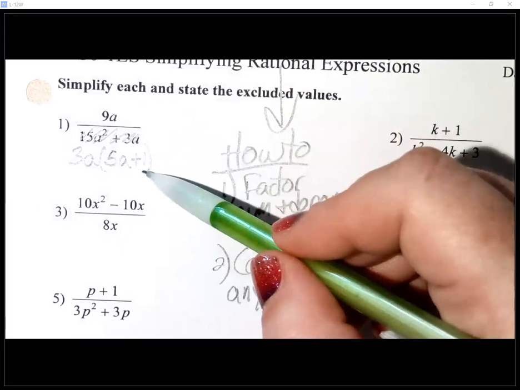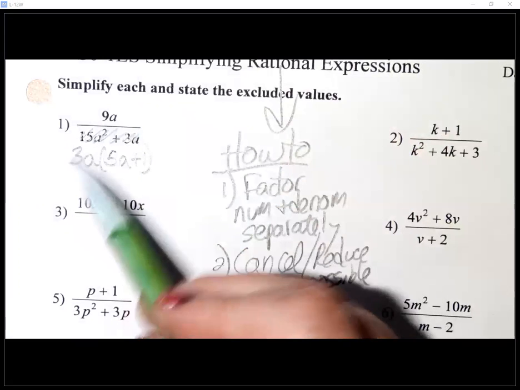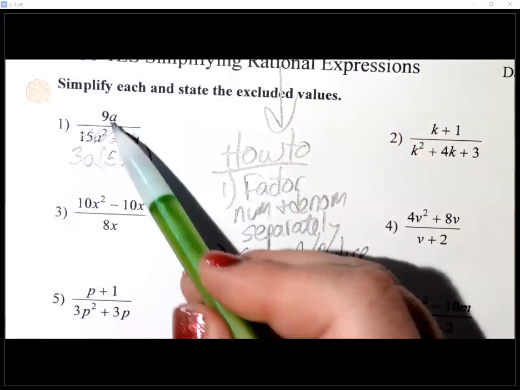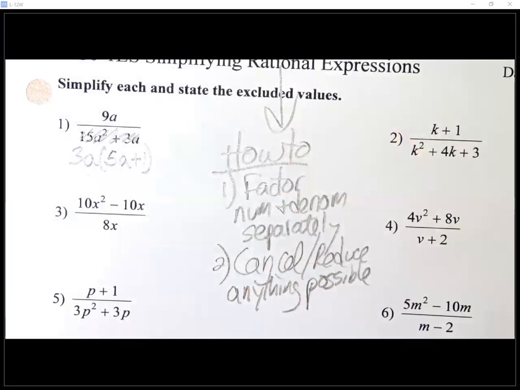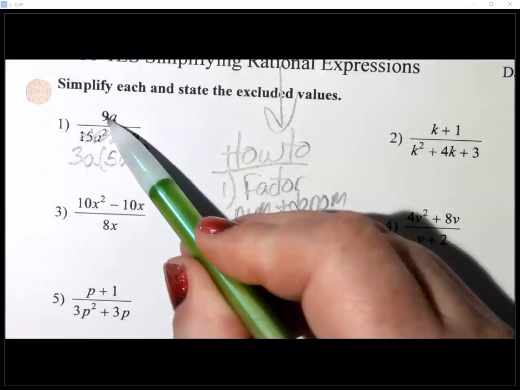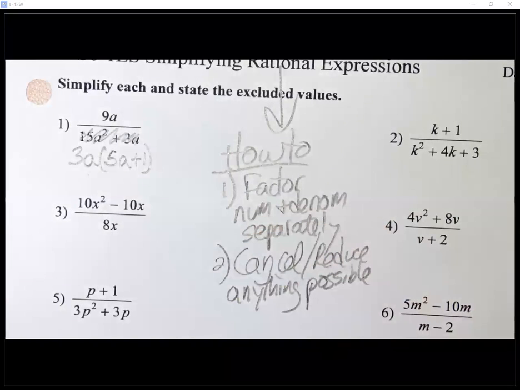But look, I have 9 over 3 and I have a over a. Can't I reduce and cancel those? Of course I can. If I reduce 9 over 3, what's that become? Just like a normal fraction. What's 9 over 3? Just 3, right? So that becomes a 3. That 3 goes away, it becomes a 1, but if it's just a 1, I really don't need it.